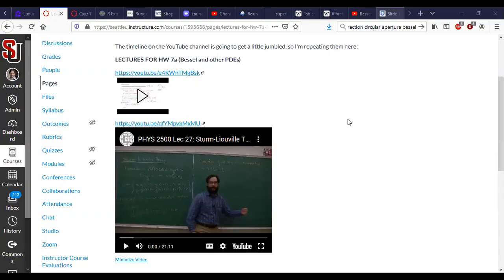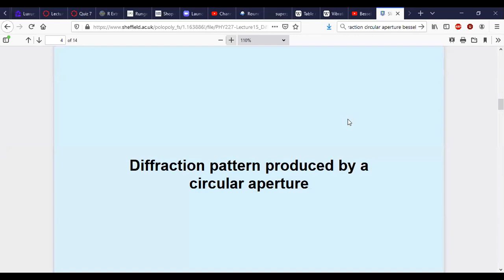So this is one place where you would see Bessel functions. When you did waves in optics, you were allowed to solve the problem of a thin slit, and you probably saw that in lab.